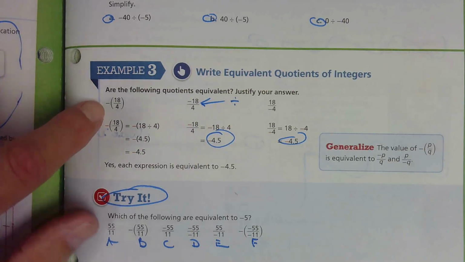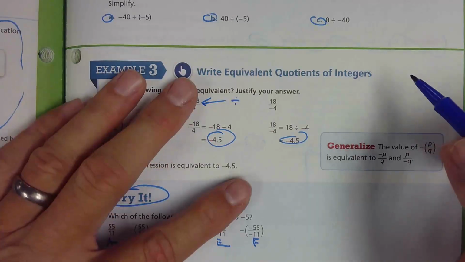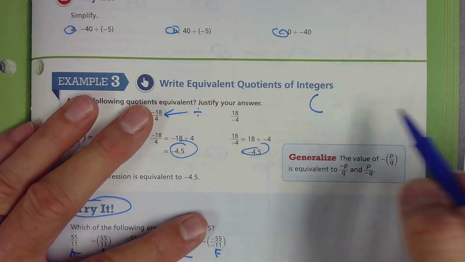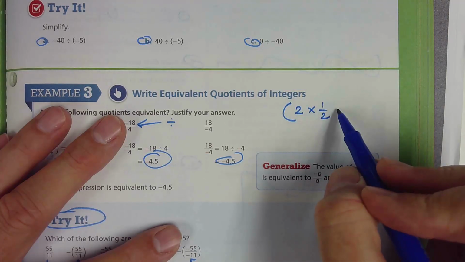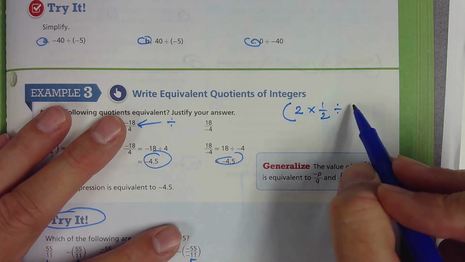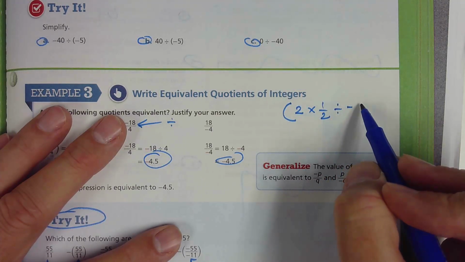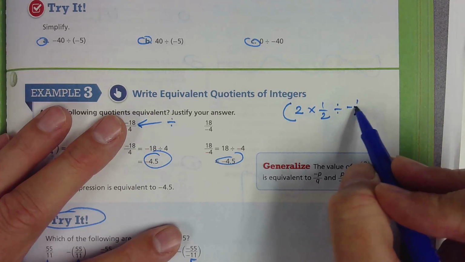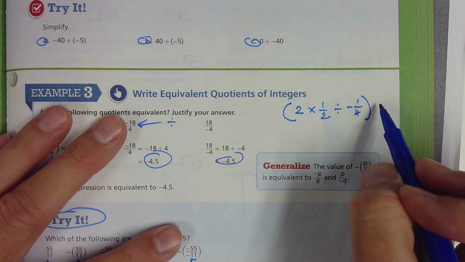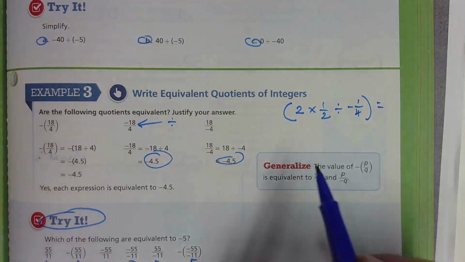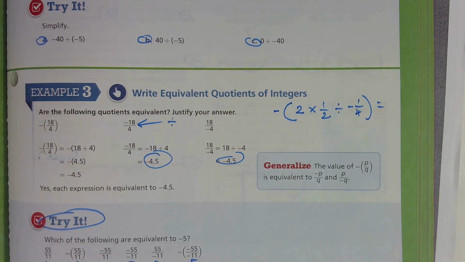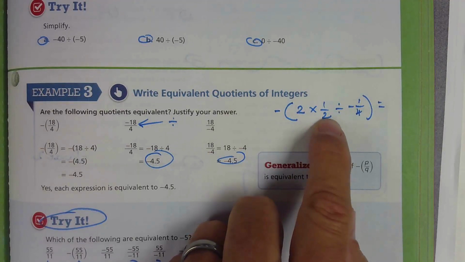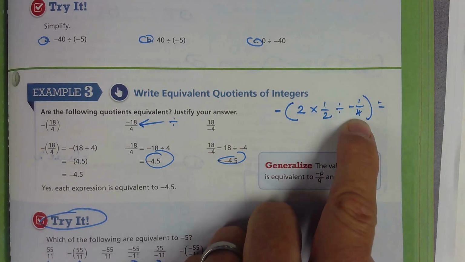So whenever you see, let's say you had something in parentheses that was 2 times 1/2 divided by a -1/4, equals, and then you had this symbol right here. You would figure out what the answer is inside the parentheses. You'd use order of operations.